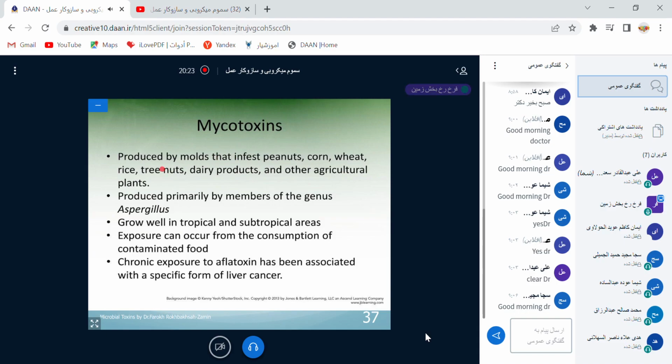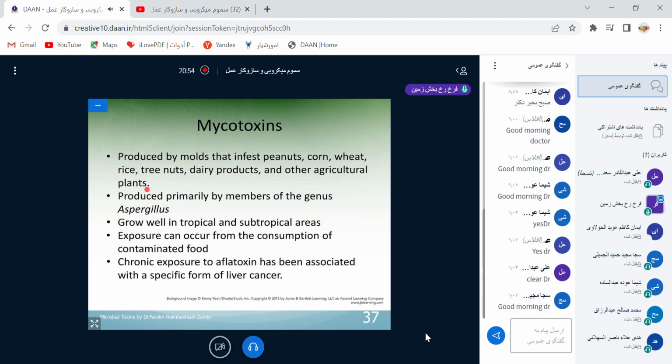So, mycotoxins are produced by molds that infest peanuts, corn, wheat, rice, tree nuts, dairy products, and other agricultural plants. Most of what we see here are our foods.